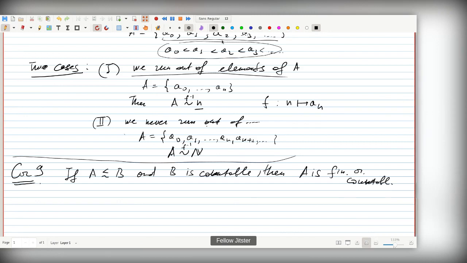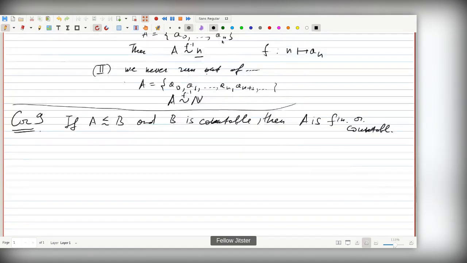Or if something is less or equal than a countable set, it is itself finite or countable.